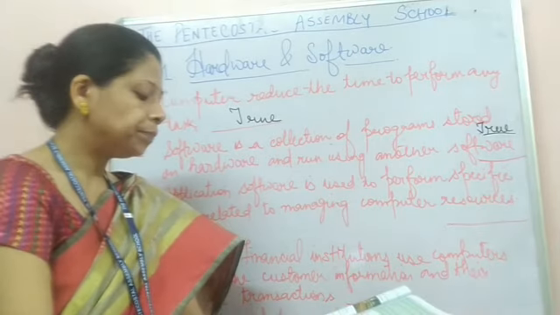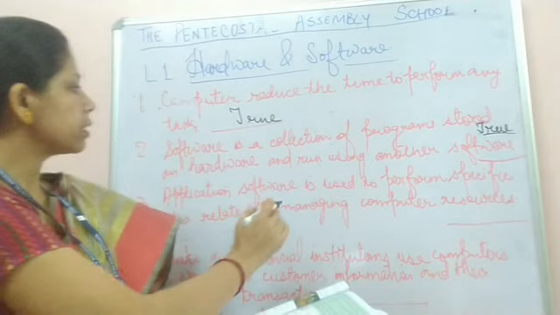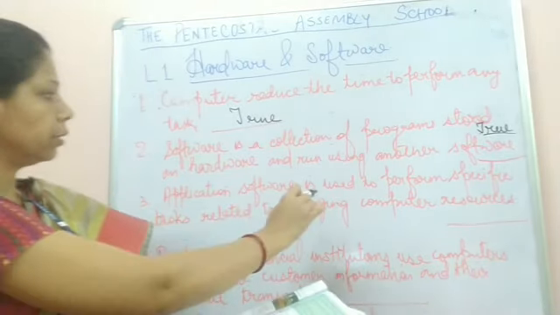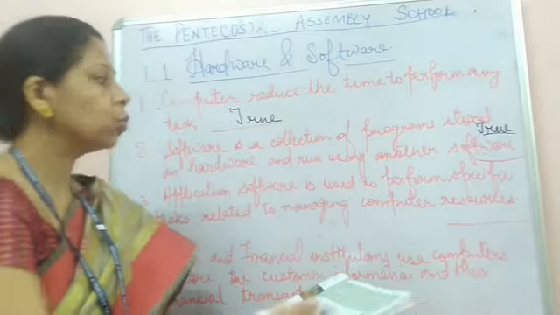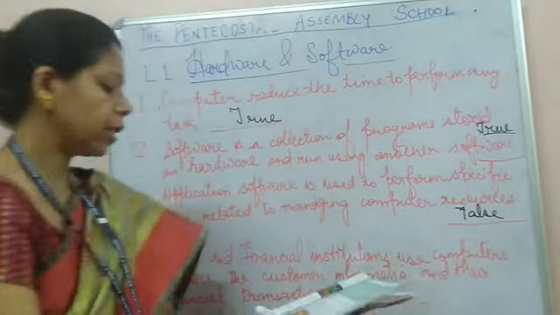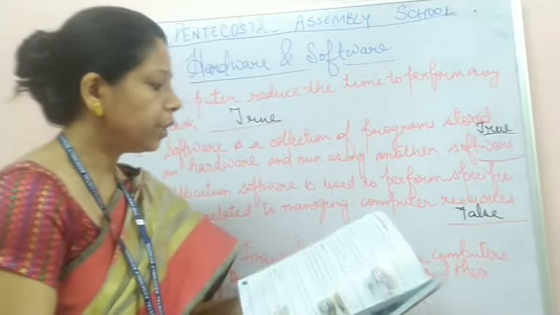Number 3, application software is used to perform specific tasks related to managing computer resources. Is it true? No, it is false. Come to page number 10, application software. I'll show you where it is written.